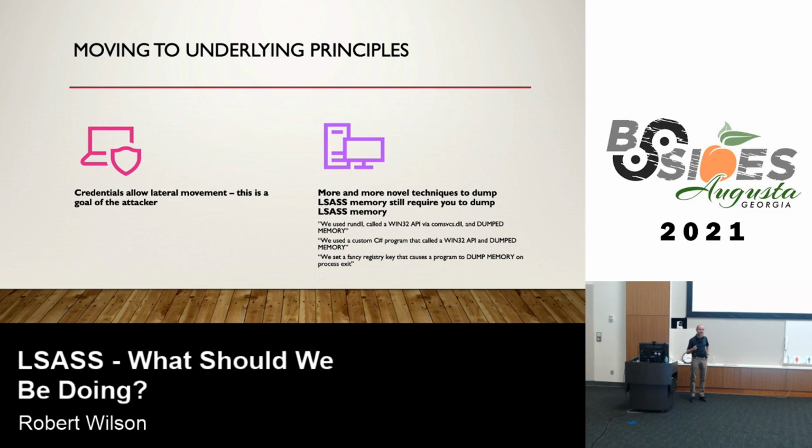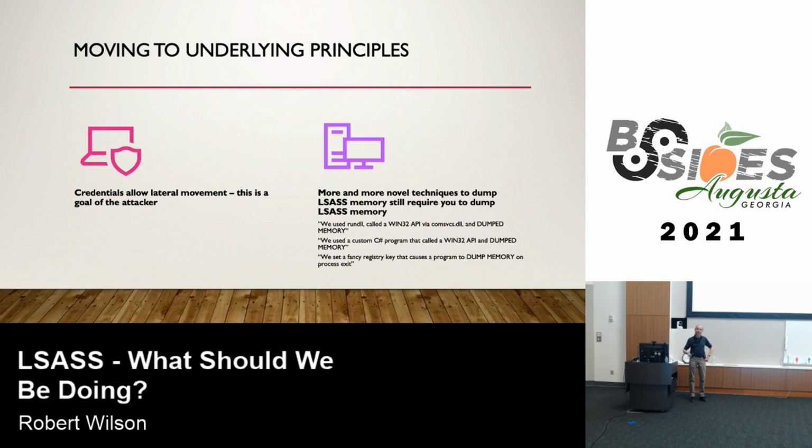The underlying principle here is that LSASS memory is going to get dumped. And at a certain point, does it matter what technique somebody uses to dump LSASS memory? Or is the fact that they're dumping the memory the important thing?